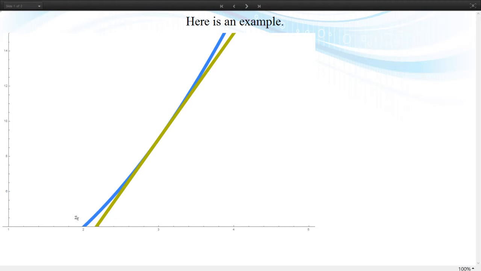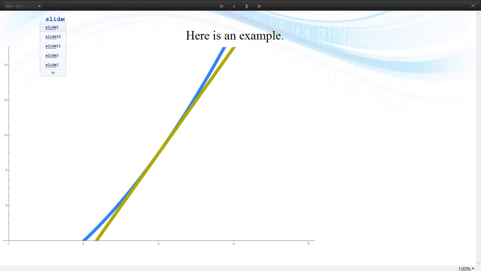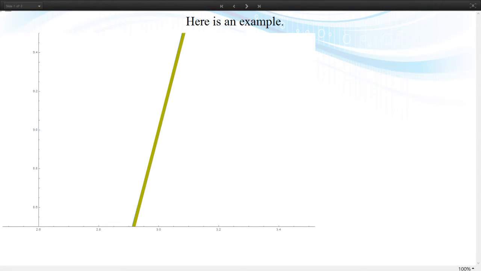Let's zoom in just a little bit more. So I think that's the slide we need. Yes. So between 2.85 and 3.05, it's almost perfect.